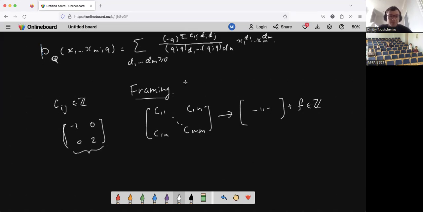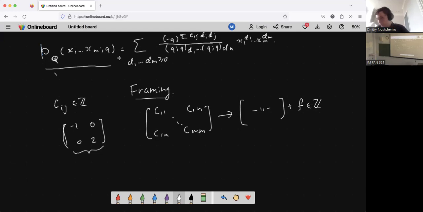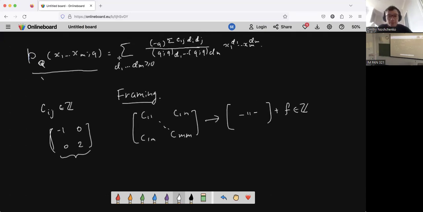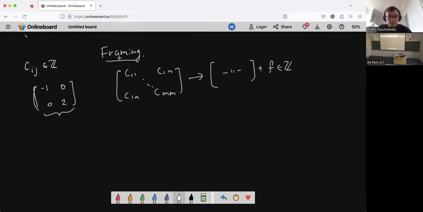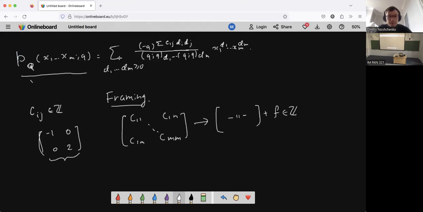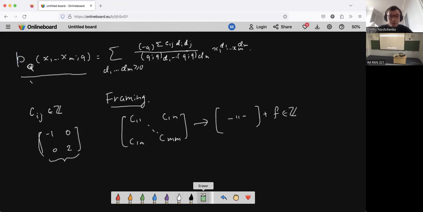However, some properties of such generating series depend non-trivially on framing. And so my next step, so I still have some time for today, and I want to introduce to you the product form of the generating series. Maybe let me just erase that.